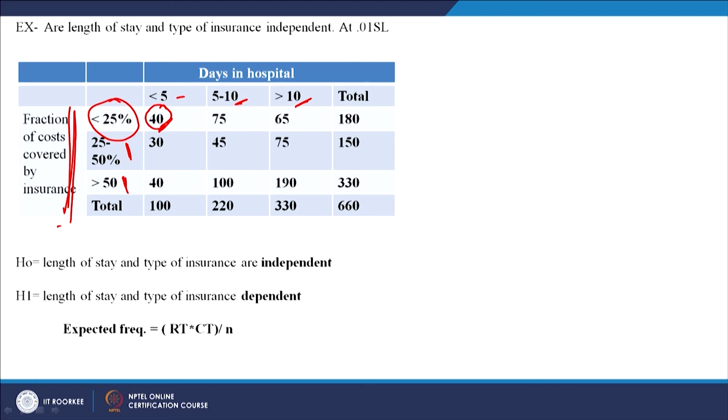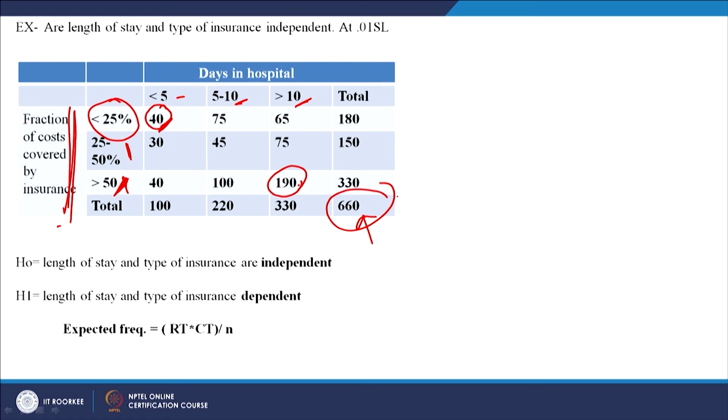So, there were 40 such patients. When the insurance cost covered was more than 50% by the insurance company, the length of stay in hospital for more than 10 days, there were 190 such patients. So, total number of patients on which this survey was conducted was 660.